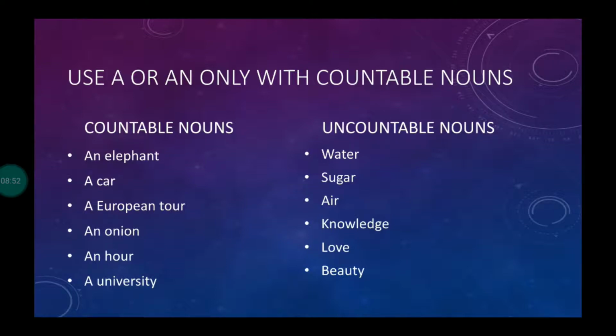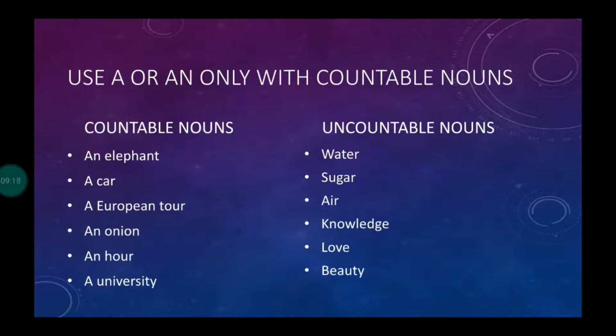A European tour means one, like you've gone on a tour once and after a few years you went again, so you went twice. So an onion, 10 onions, 100 onions, an hour, 2 hours, 3 hours. So you can count all these. And a university. It could be a university in India, a university abroad. So we can say many. You can use numbers along with these.